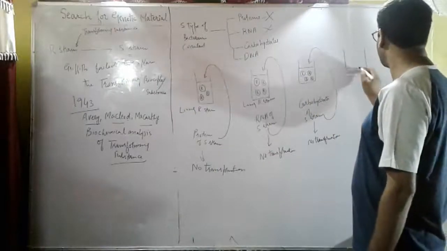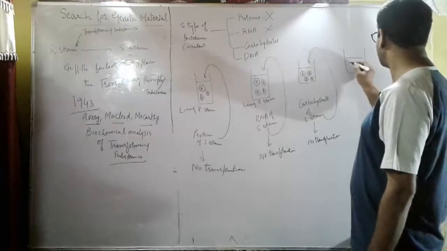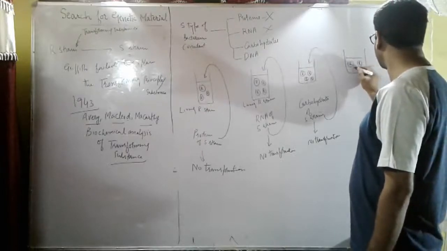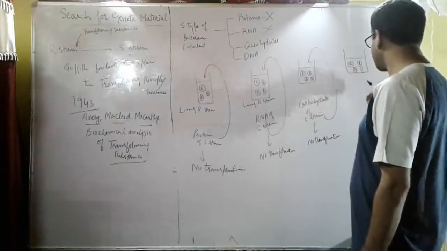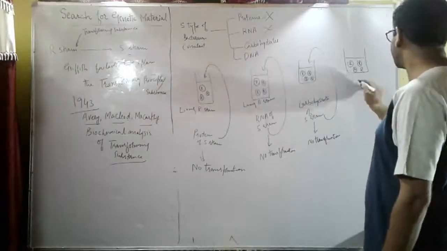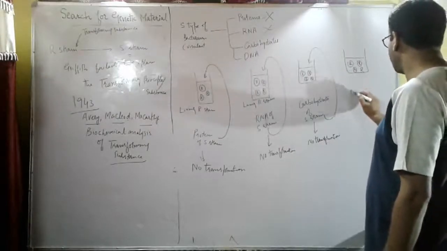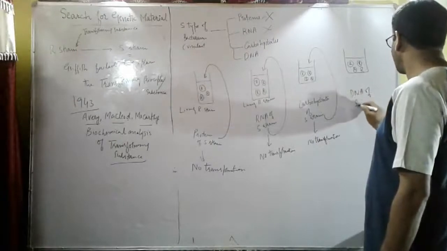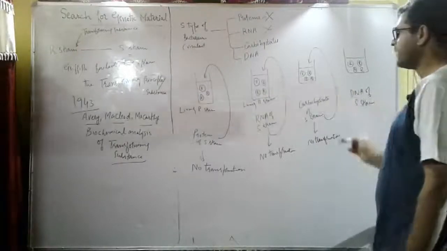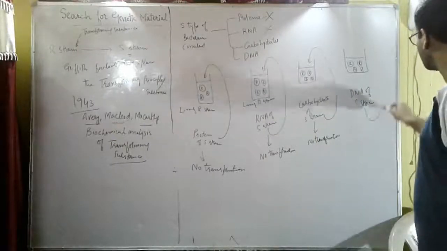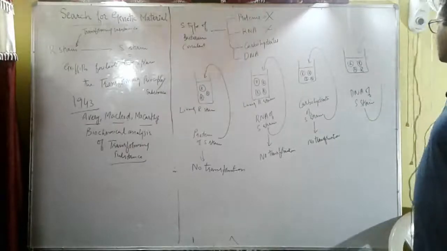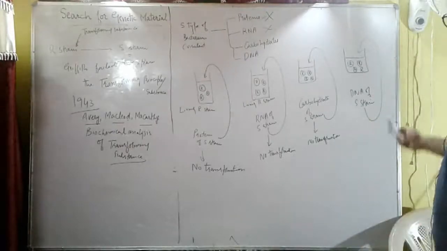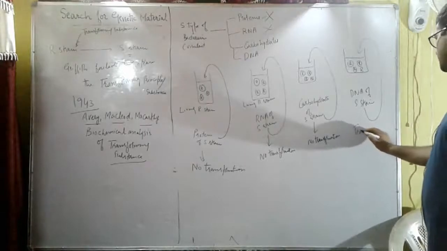Then another case, we have R type of bacterium. Then this is the DNA of S strain. The DNA of S strain was added to the culture medium having R strain bacterium. They found transformation.